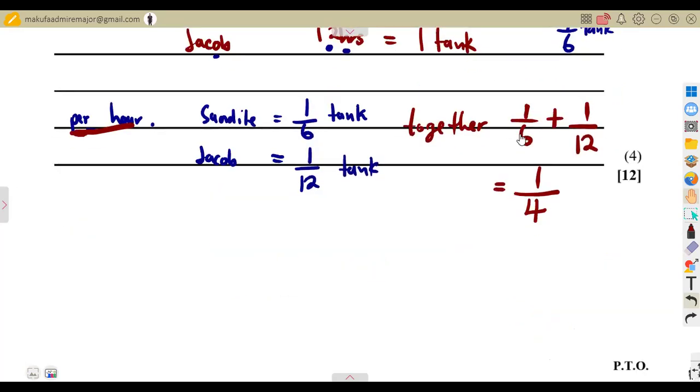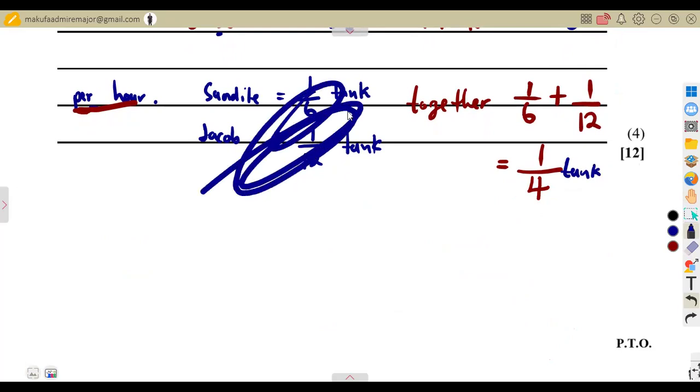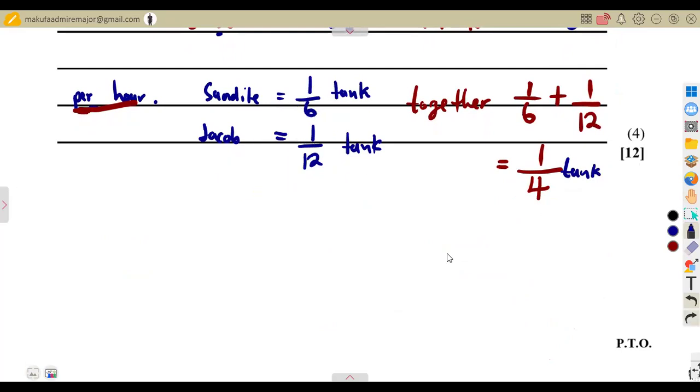So this together here, it is 1/4 parts of the tank. When they were working separately, this one has got 1/6, this one has got 1/12. But together now we can see how the tank is made up.